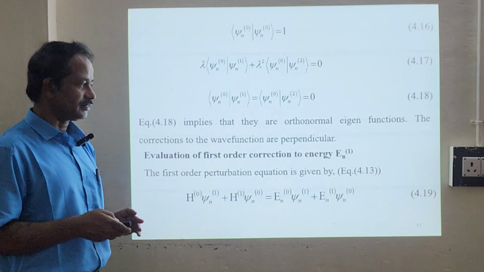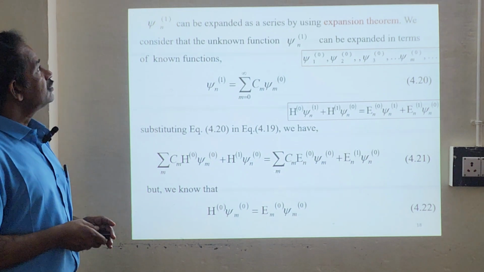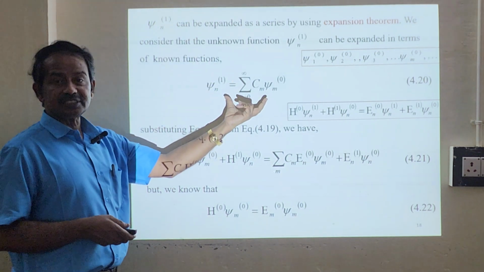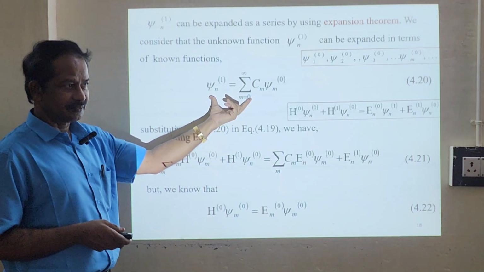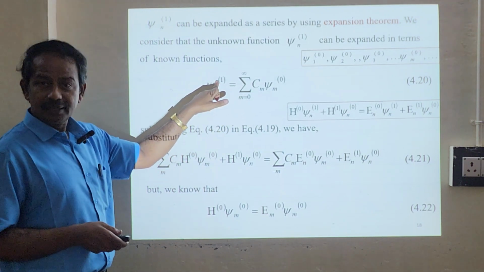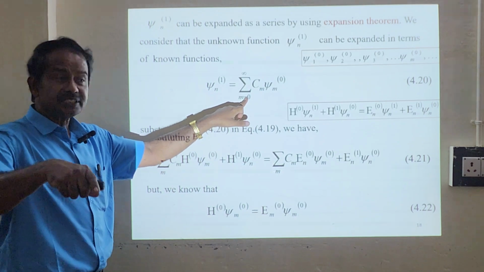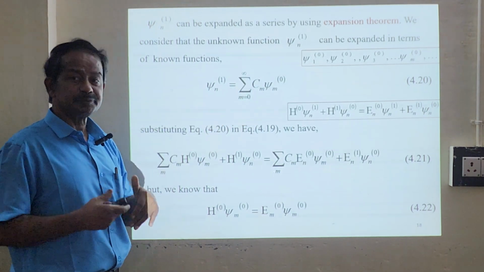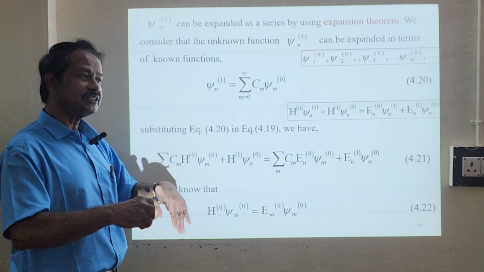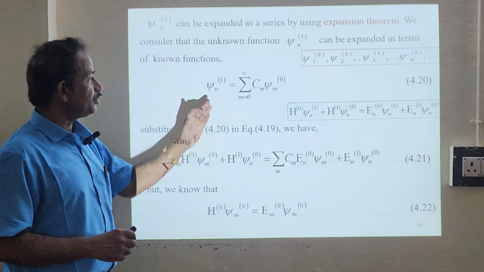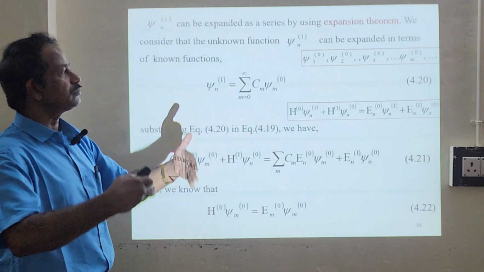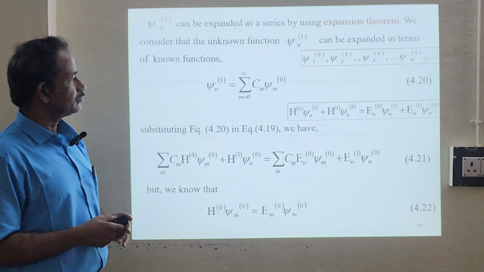Psi n 1 can be expanded in terms of an expansion series, like Cm psi m. Cm is the expansion coefficient, psi m is another index. We know this already. Here psi m is given by psi 1, psi 2, psi 3 and it goes on.